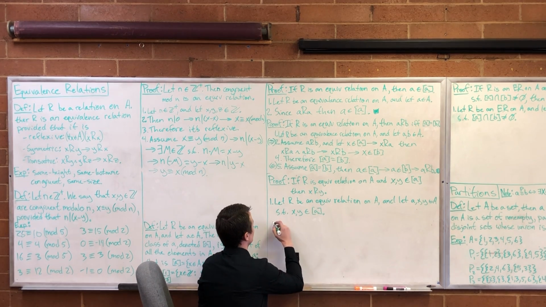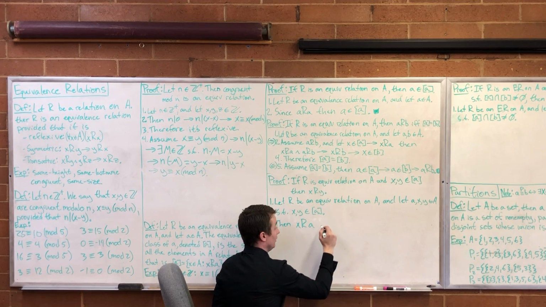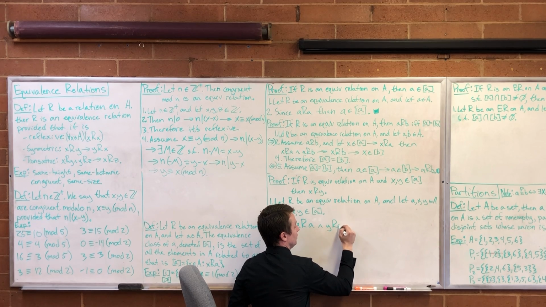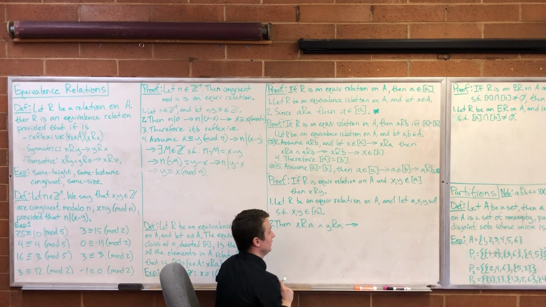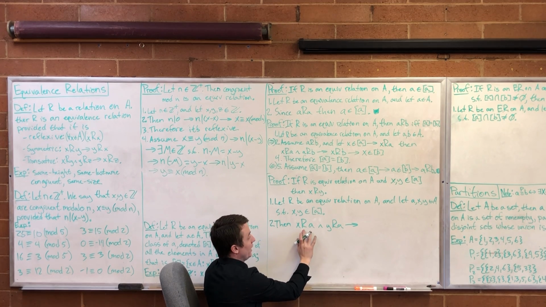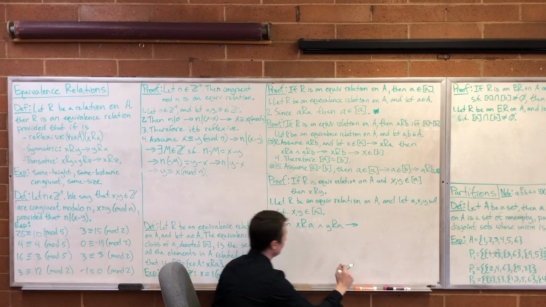So we know X is related to A and Y is related to A, therefore we know X is related to Y. Well, we know X is related to A, and, okay, you said Y is related to A. Since it's symmetrical, we know A is related to Y. So we can flip those around.